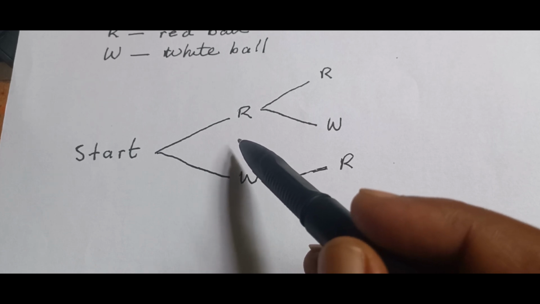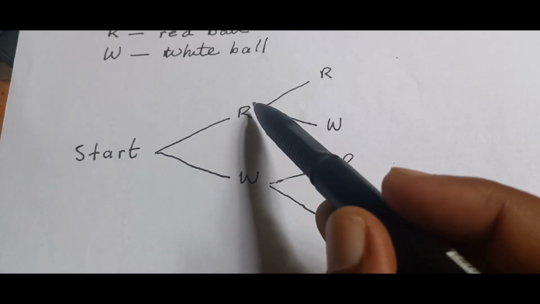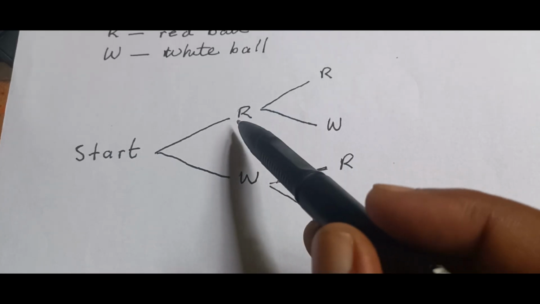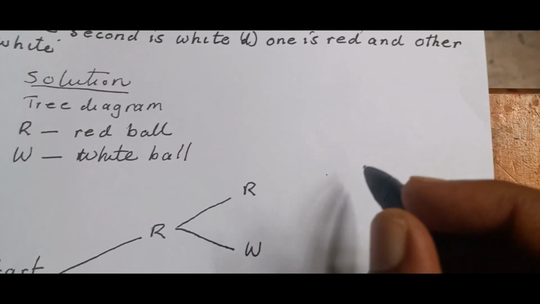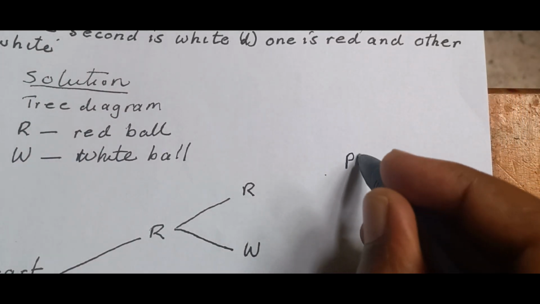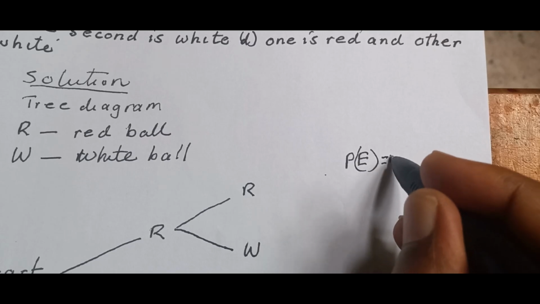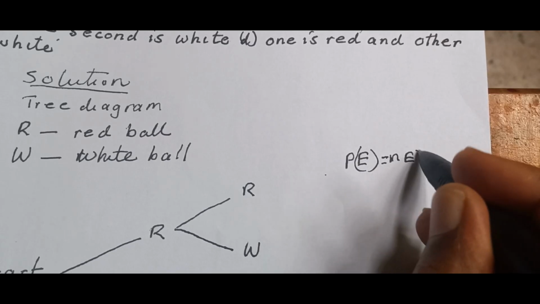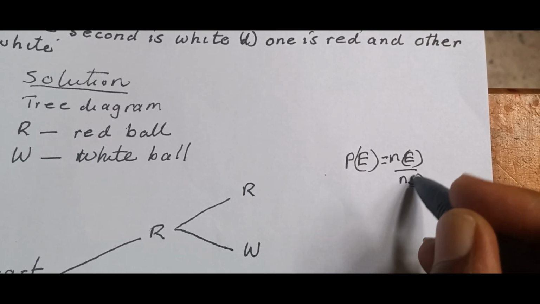Once we are finding the probability of drawing a red ball, the number of events equals the number of red balls, because we know the probability of an event equals the number of events over the number of sample space.